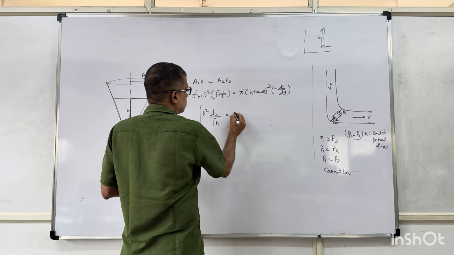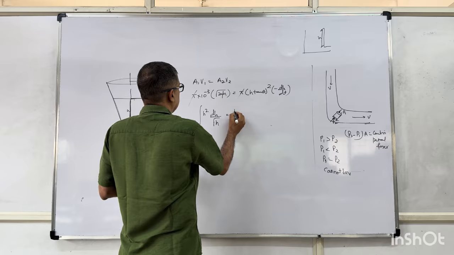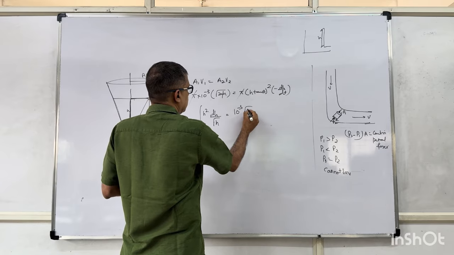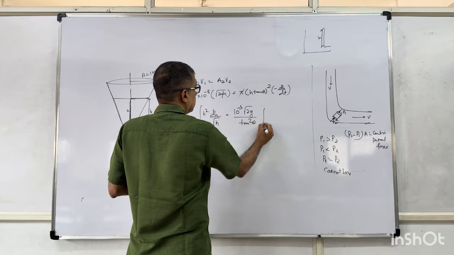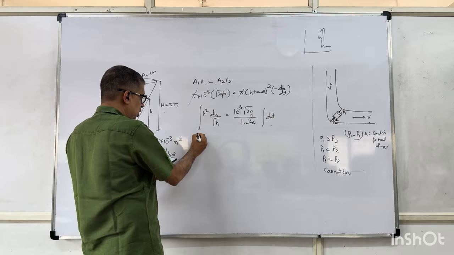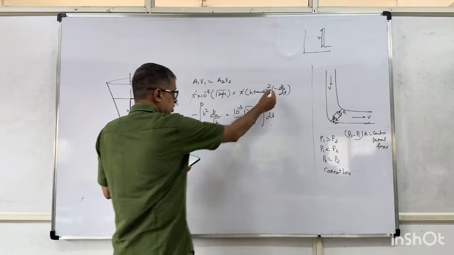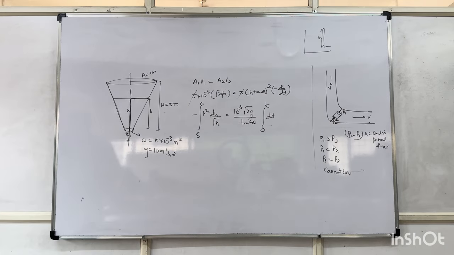Remaining all are constants. This will be dh I kept there means it will be 10 raised to minus 3 root 2g by tan square theta into dt. You are going from initial value of 5 to 0. Obviously, with this negative sign, 0 to t, balance I leave it to your judgment.